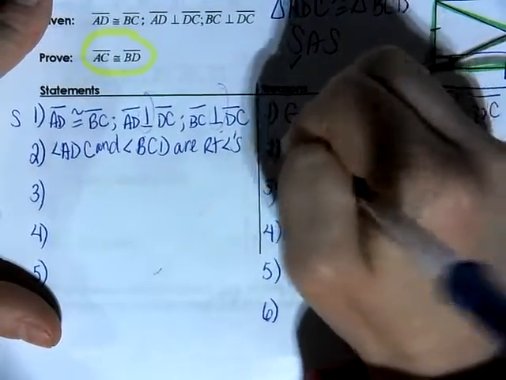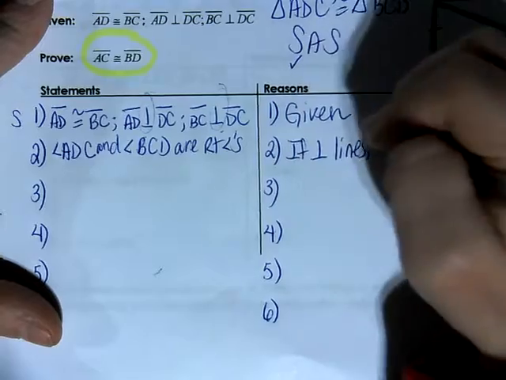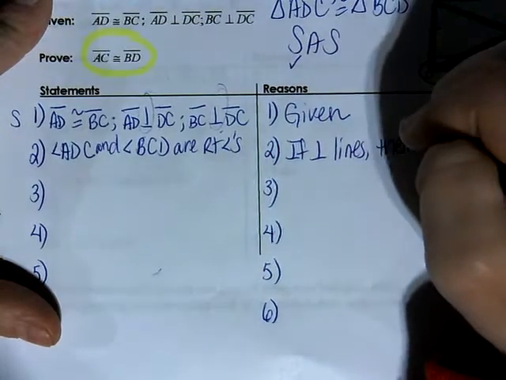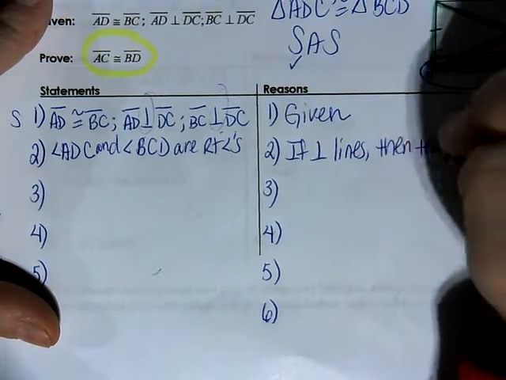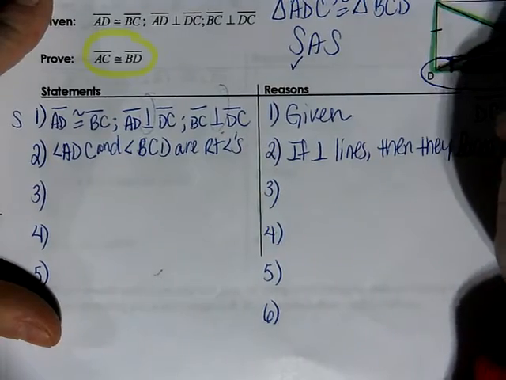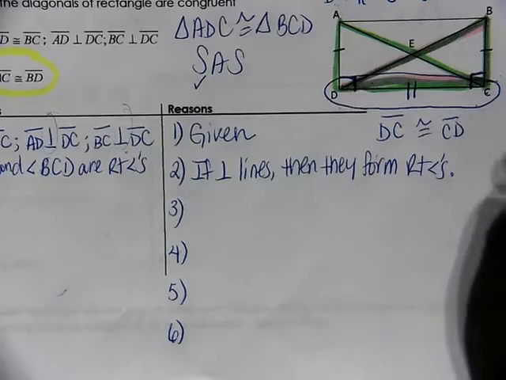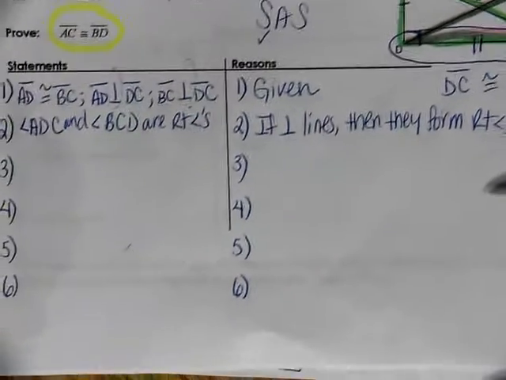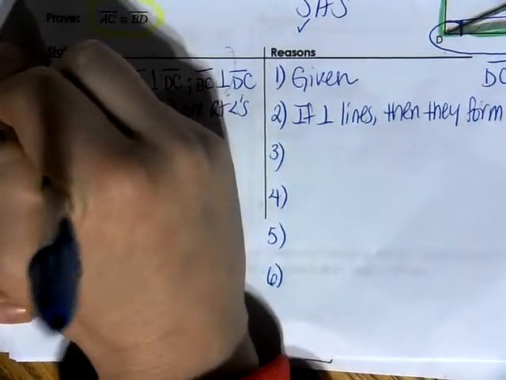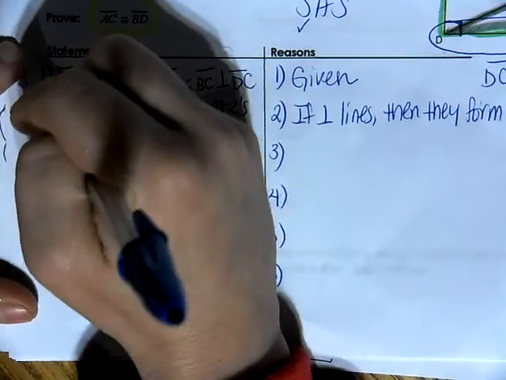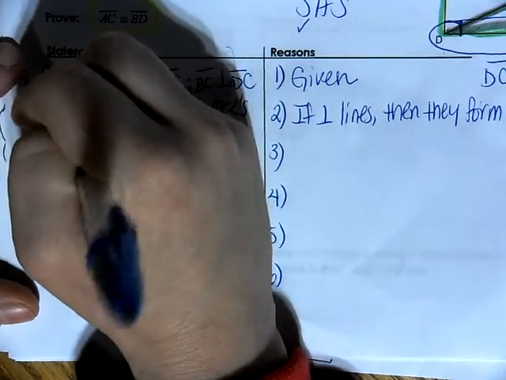So if you have perpendicular lines, then they form right angles. And if you have right angles, we know that if two angles are right angles, then they are congruent. So angle ADC has to be congruent to angle BCD.